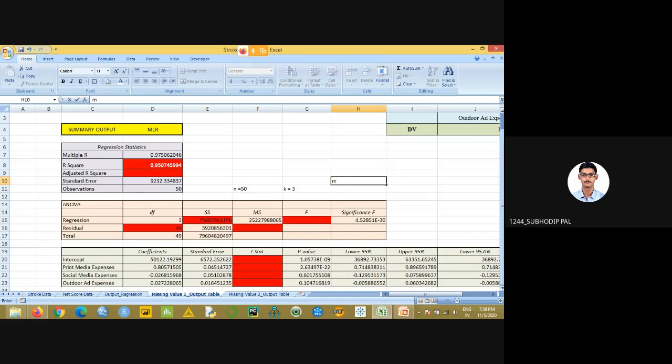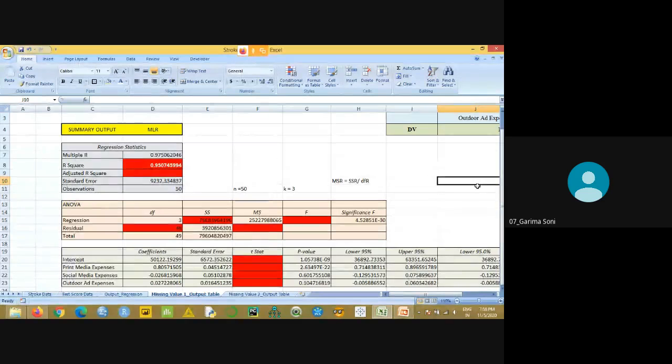The MSR formula is SSR divided by degree of freedom of regression. Now I know the MSR value and the degree of freedom of regression. Can I calculate SSR? Yes. Got it, everyone?